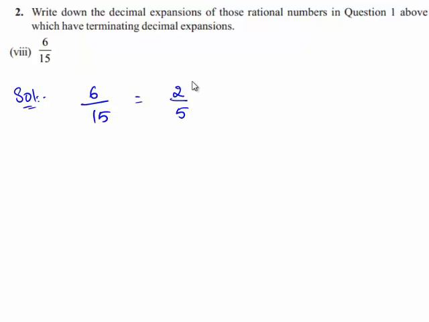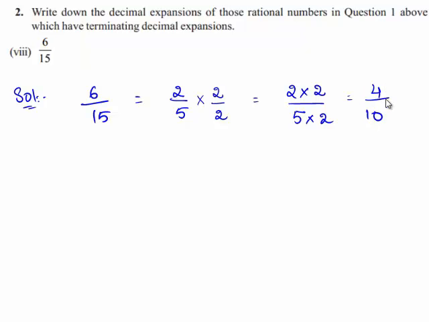To obtain the decimal expansion for 2 by 5, we need to multiply the rational number obtained with 2 on both the numerator and denominator. Therefore, we get 2 times 2 upon 5 times 2. This implies 2 times 2 is 4 by 5 times 2 is 10.